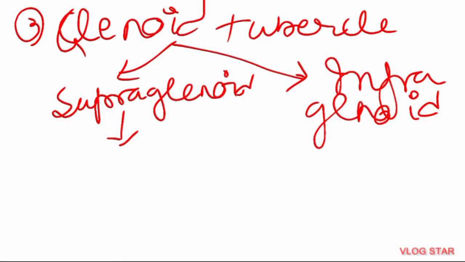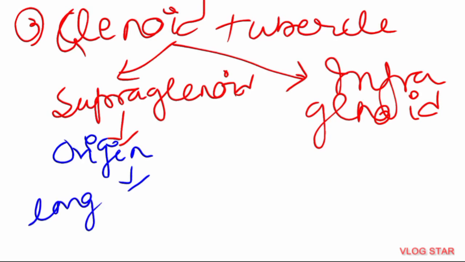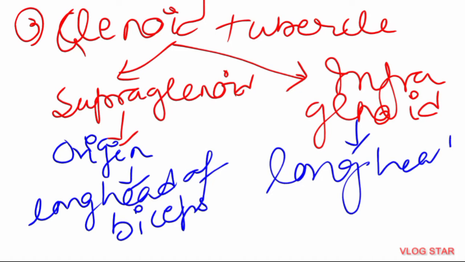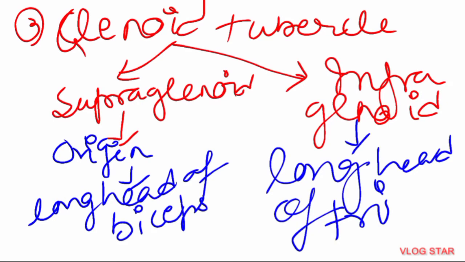Here is the origin of long head of biceps, and infraglenoid tubercle gives rise or originates the long head of triceps.